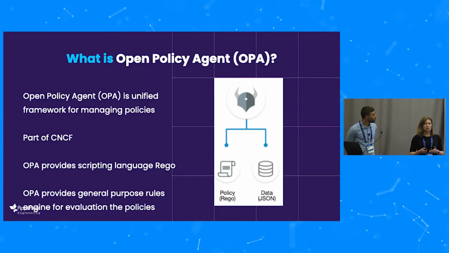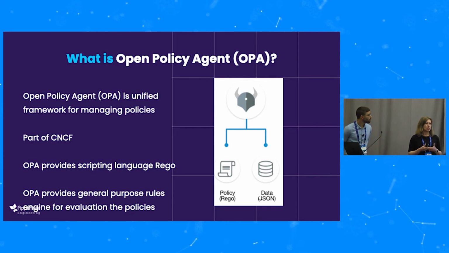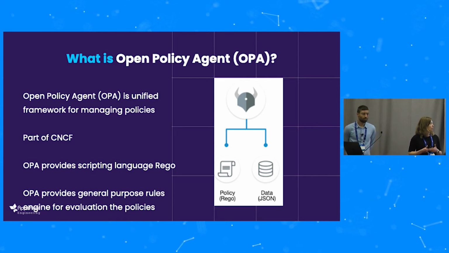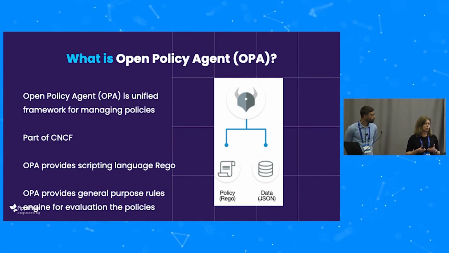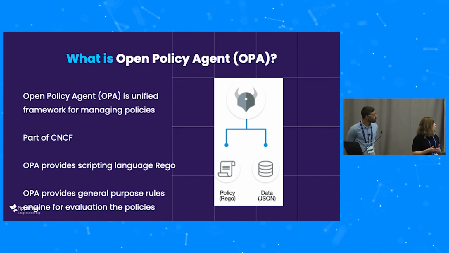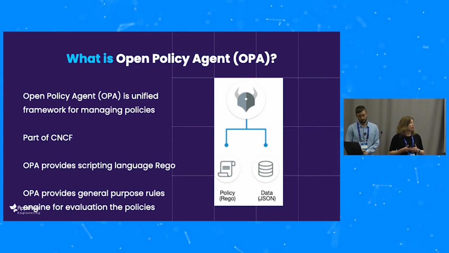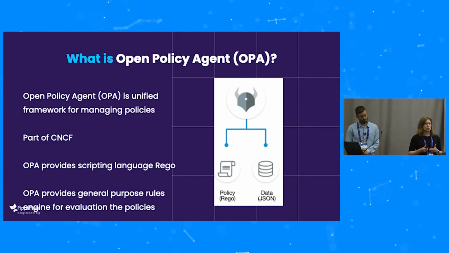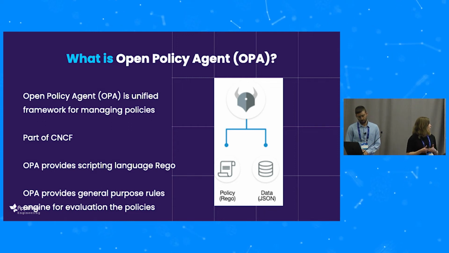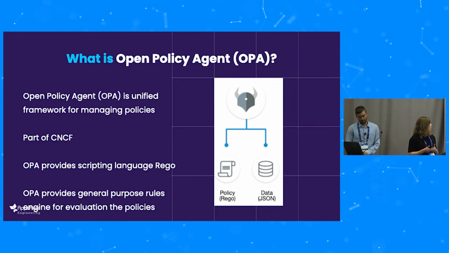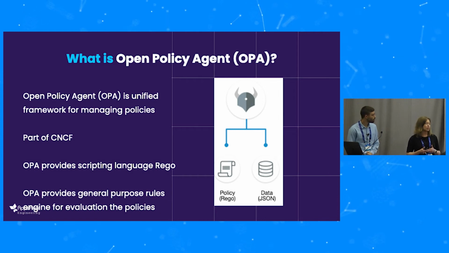Before I present our new architecture, I'd like to talk a bit about the key component of this architecture, which is called Open Policy Agent. Open Policy Agent is a unified framework for managing policies. It's part of the CNCF, the Cloud Native Computing Foundation.